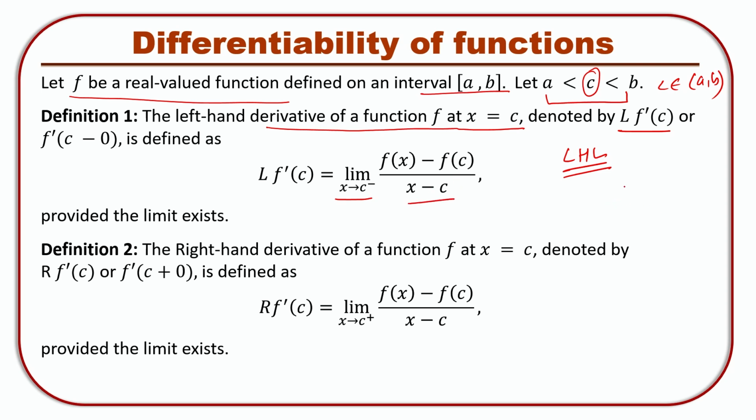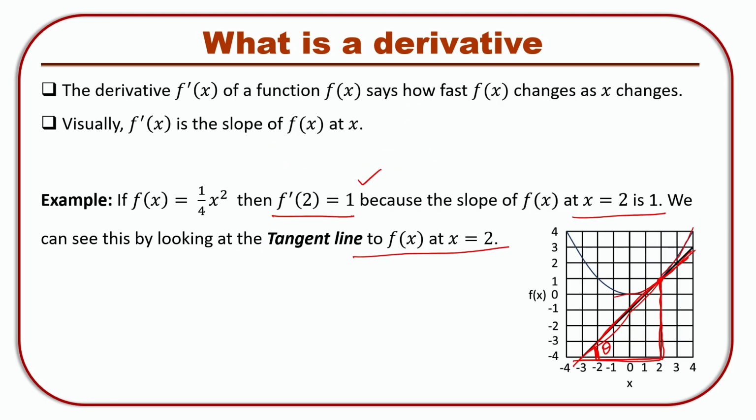So f(x) is given in the domain and the point c is given, and you want to check the derivative of this function at the point c from the left hand side. You first have the value f(c). Then you calculate the difference between these two numbers, f(x) and f(c), and divide by x minus c. This is the same thing we derived in our first slides, where we had the slope.